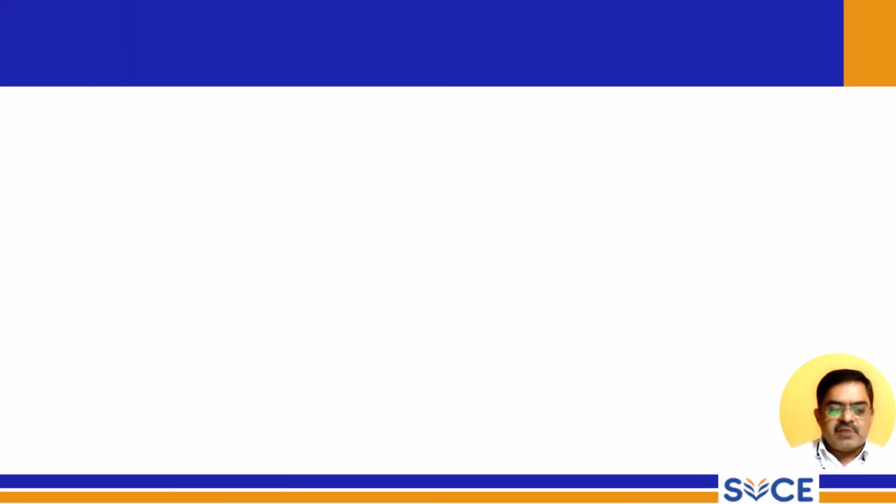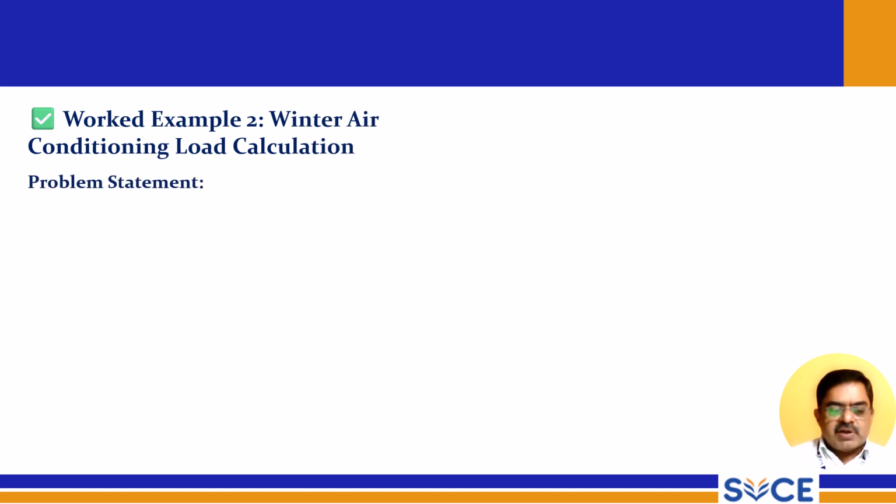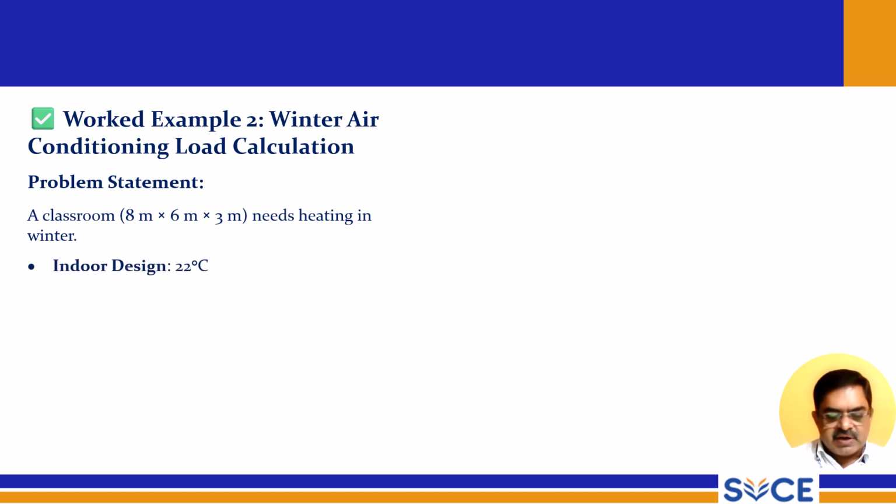And then winter air conditioning load calculations. A classroom 8 meter by 6 meter by 3 meter needs heating in winter. Indoor design is 22 degrees Celsius, outdoor design 5 degrees Celsius, wall area 60 meter square.